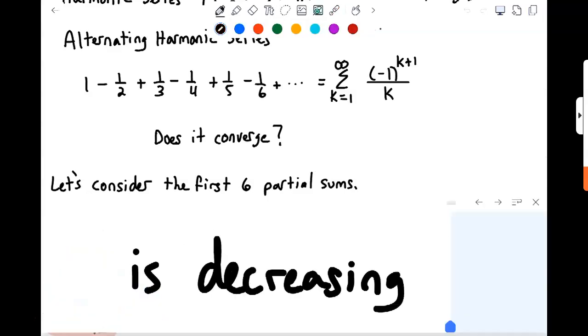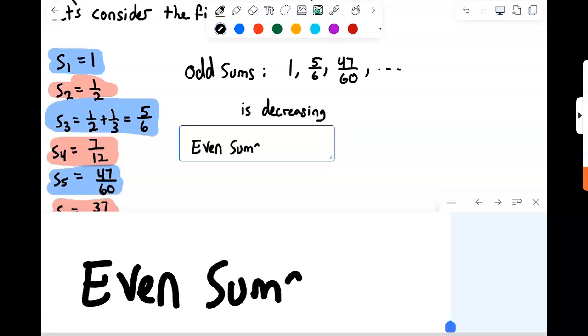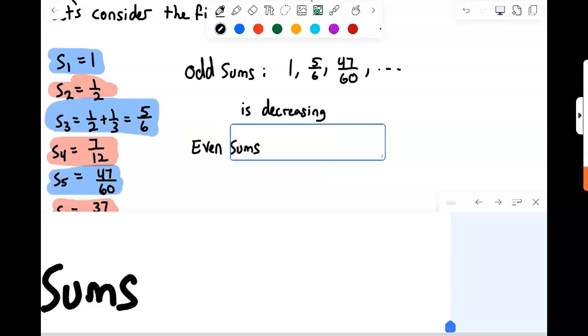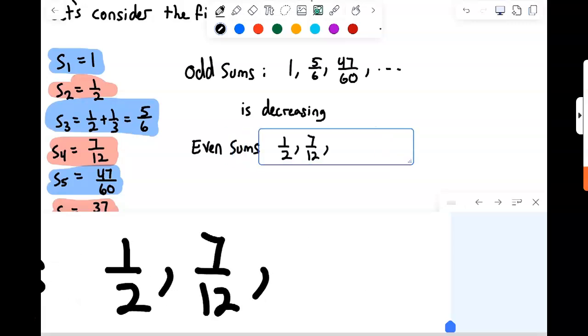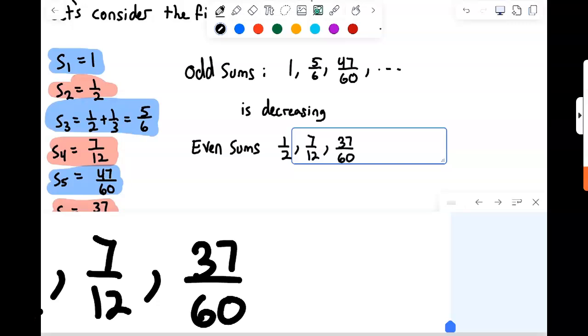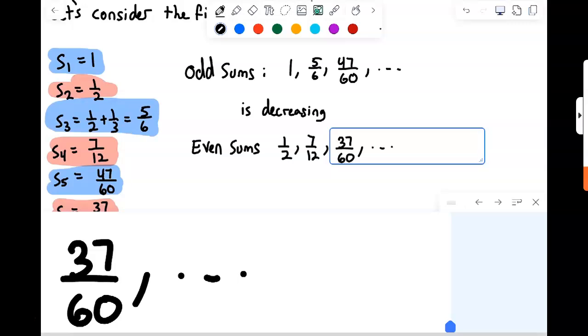When we look at the even sums, what do we see? Well, we see 1/2, then 7/12, then 37/60. Every one of these is getting bigger. 1/2 is 30/60, 7/12 is 35/60, now it's up to 37/60. These things keep increasing.